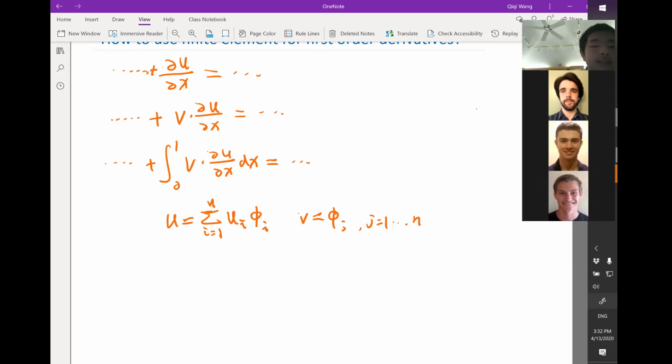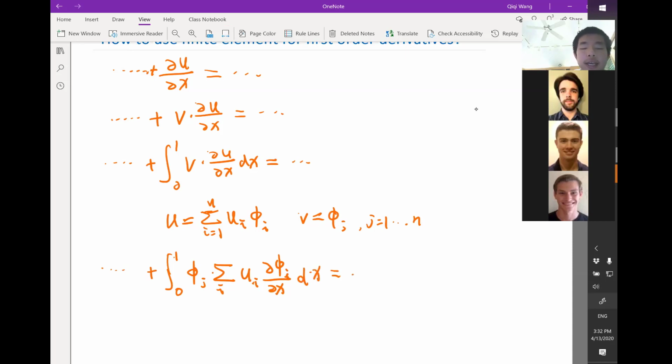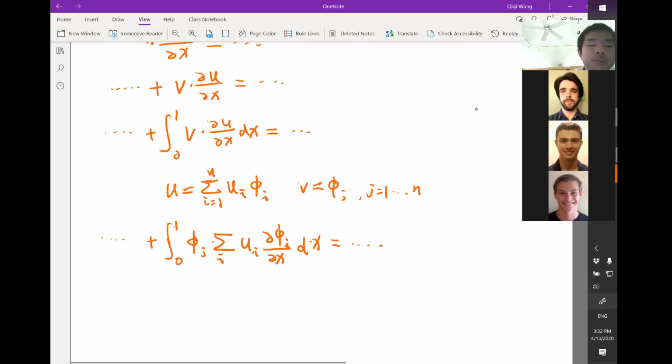After this, we still have all these things changed, but the particular first derivative term is now phi_j times a summation over i of u_i phi_i. u_i is not a function of space, so the differential operator doesn't work on it, and phi is a function of space, so it is differentiated.